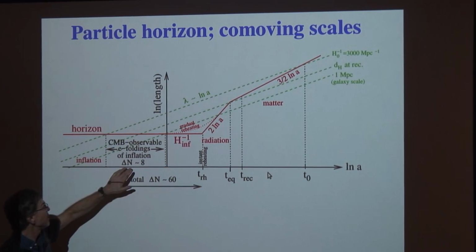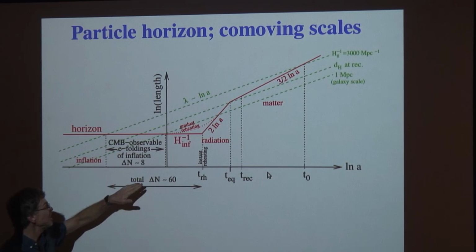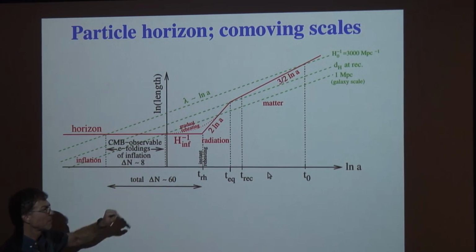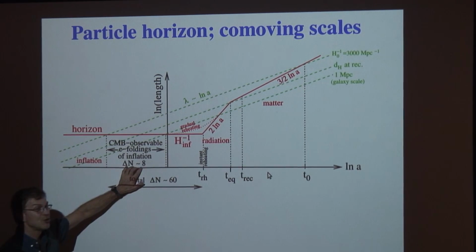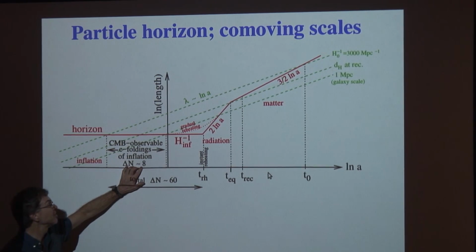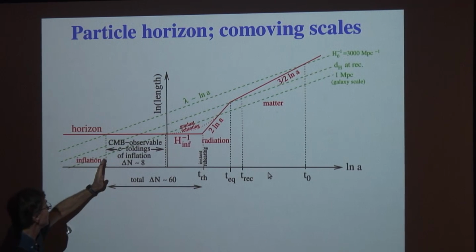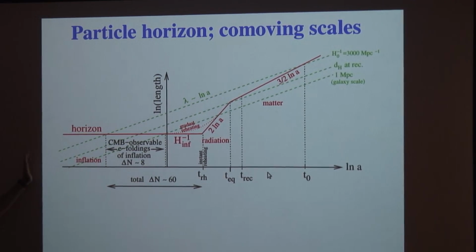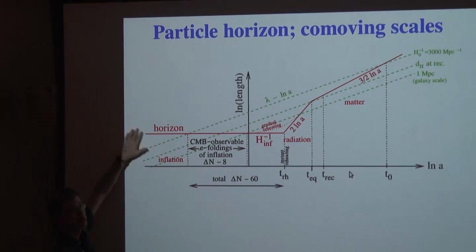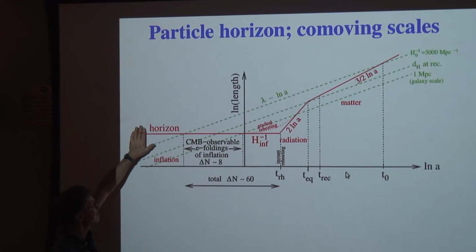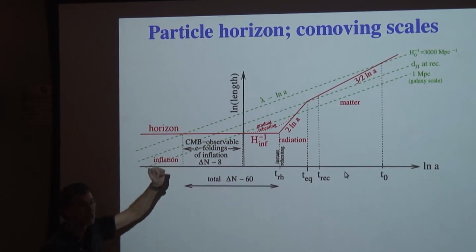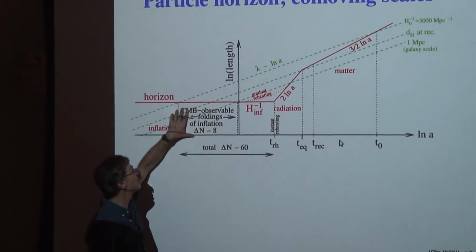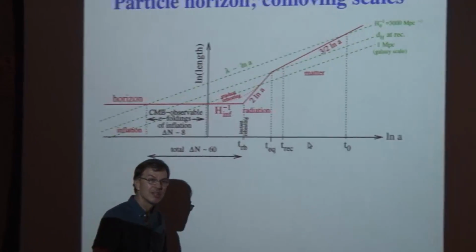And by the way, of the nominal 60 e-foldings, those CMB fluctuations only correspond to about 8 that we can see through the CMB. But there could have been arbitrarily much more inflation earlier on, and the scale of inflation could have been much higher early on, and maybe it came down to this level. But it's in this region where we know that value.